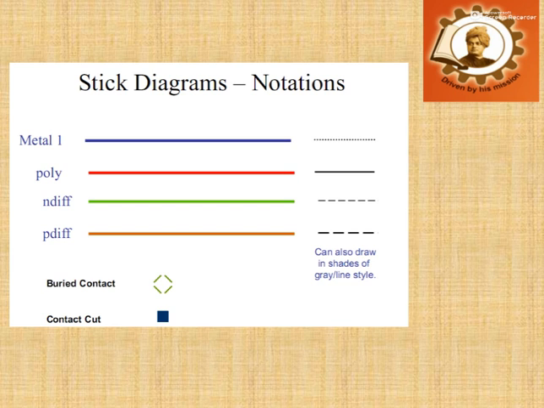Let us move on to some rules of the stick diagram. These rules we have divided into different steps. Rule 1: when two or more sticks of the same type cross or touch each other, that represents electrical contact. Number 2: when two or more sticks of different type cross or touch each other, there is no electrical contact.